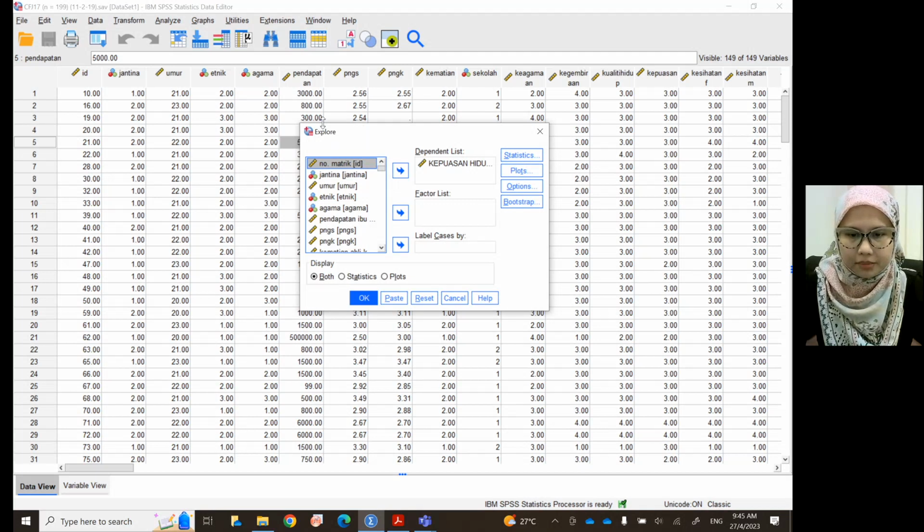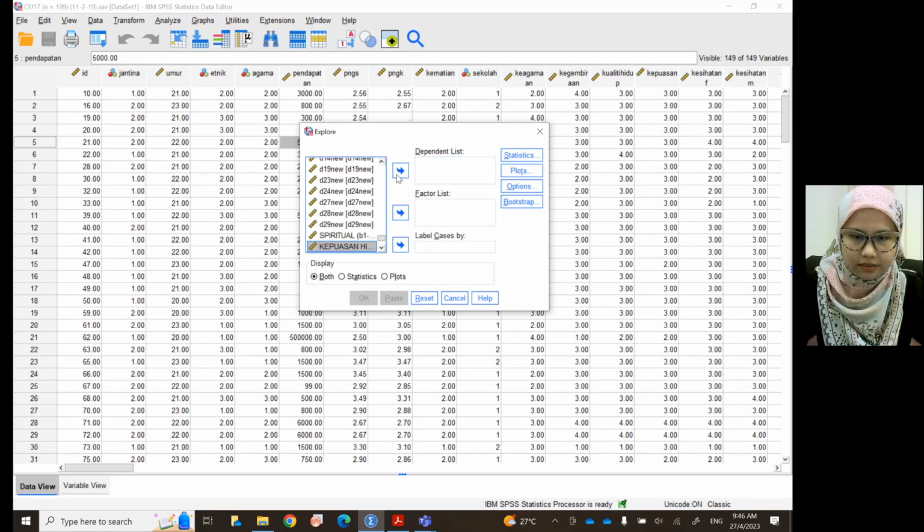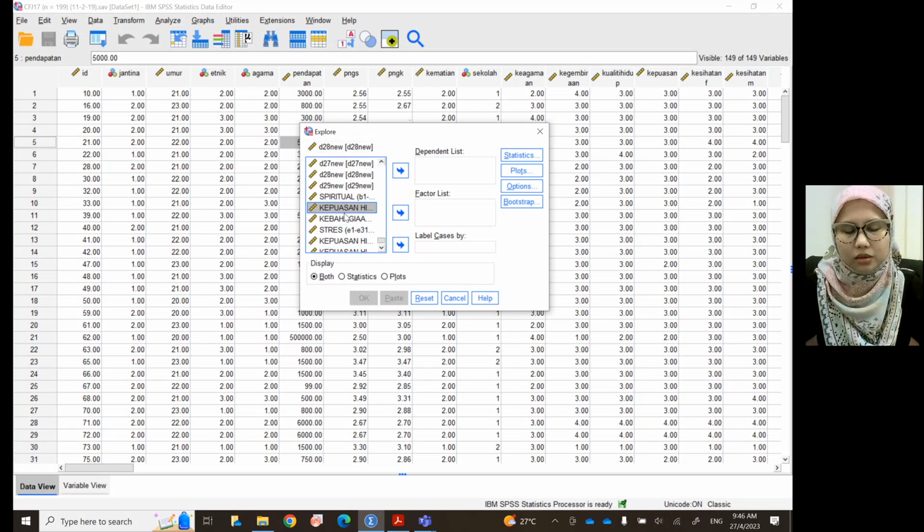In this pop-out, what you need to do is insert the computed data. I have taught you before how to compute the data, so I'm hoping that you still remember.